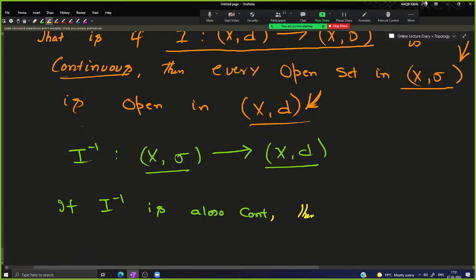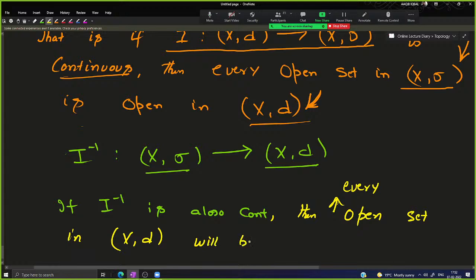Every set open in XD is an open set in X sigma. Actually I should write: then every open set in the metric space XD will be open in the metric space X sigma.